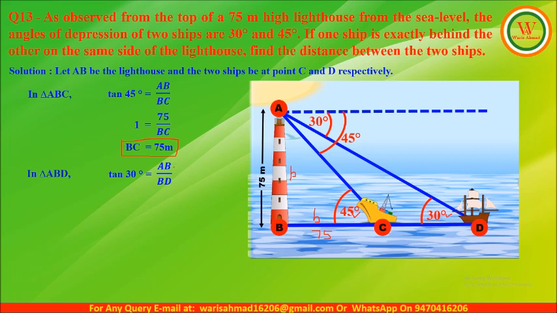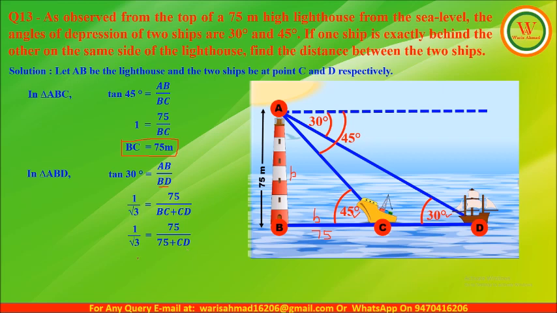So we can write 75 in the place of AB, while in the place of BD we can write BC plus CD, and in the place of tan 30 we can write 1 upon root 3, because the value of tan 30 is 1 upon root 3. So here we can write 1 upon root 3 equals 75 upon BC plus CD. Now 1 upon root 3 will be as it is, 75 will be as it is. In the place of BC, we can write 75, CD will be as it is.